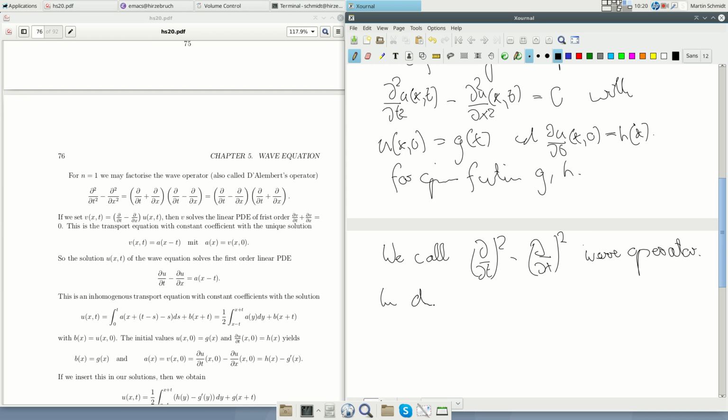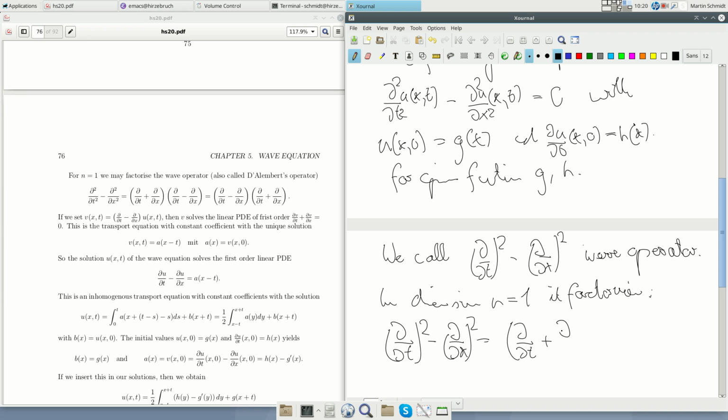In dimension n equals 1 we may write d by dt square minus d by dx square as d by dt plus d by dx times d by dt minus d by dx.